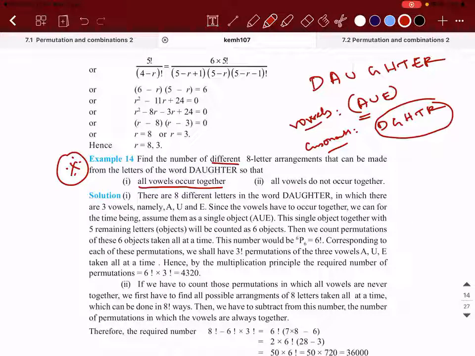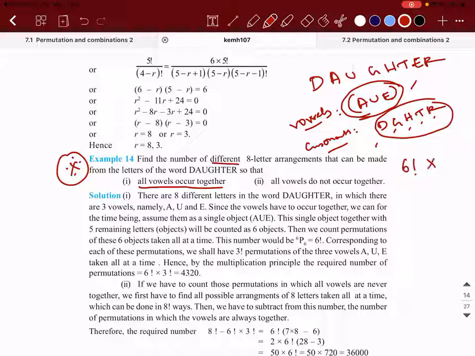I will still have 1, 2, 3, 4, 5, 6, 7, 8. But now, if I consider this whole thing as one entity, then 1, 2, 3, 4, 5 plus 1, I have 6 objects in my hand, where the 6 objects can be arranged among themselves in how many ways? 6 factorial ways.